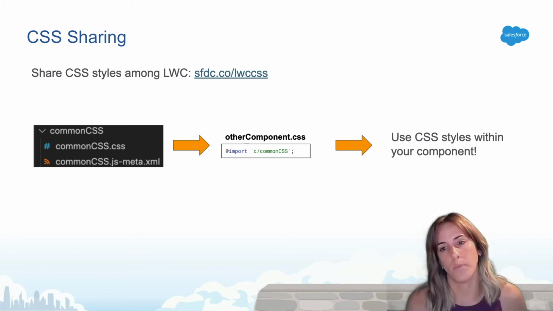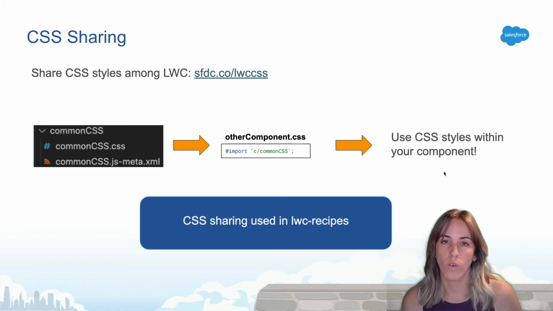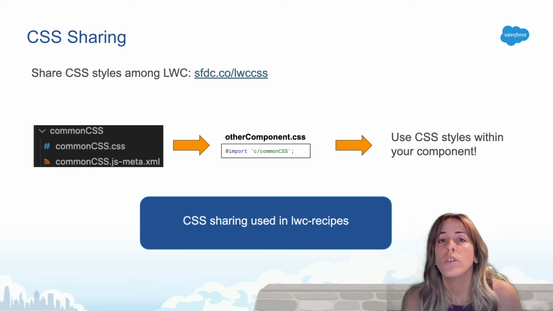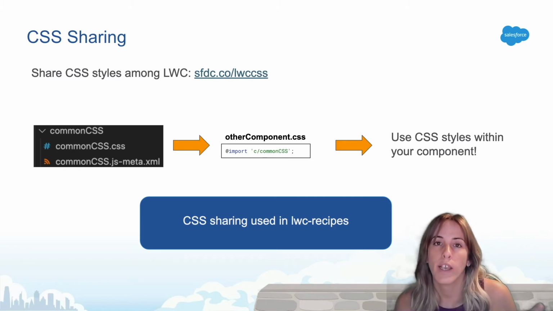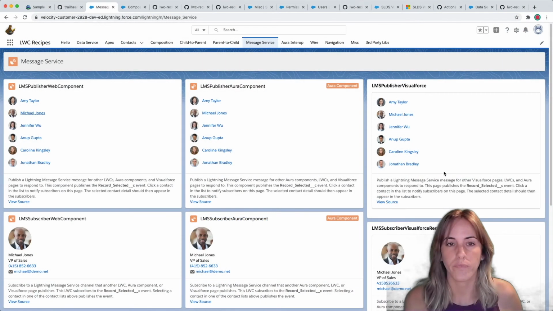It's super simple, right? What we did to showcase that in the sample gallery apps was to use a CSS module shared between two existing recipes, and I'm going to show you that as well.